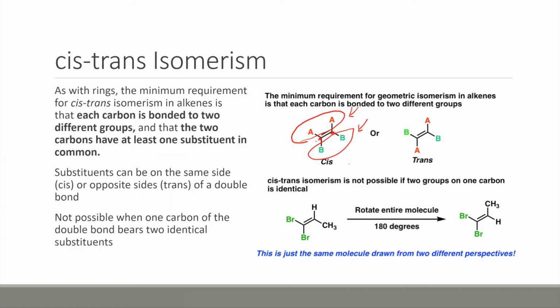Cis trans isomerization is not possible if two groups on one carbon are identical. So for example, if in the same carbon you have identical groups, you can't do cis trans isomerization. And again, substituents that are on the same side are cis and on opposite sides are trans.